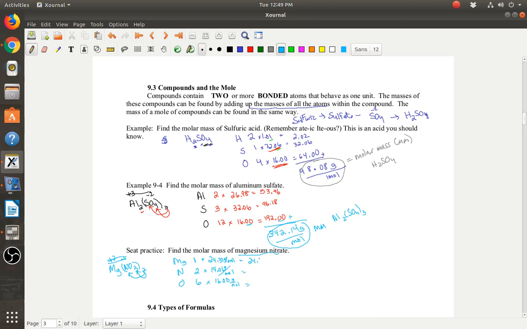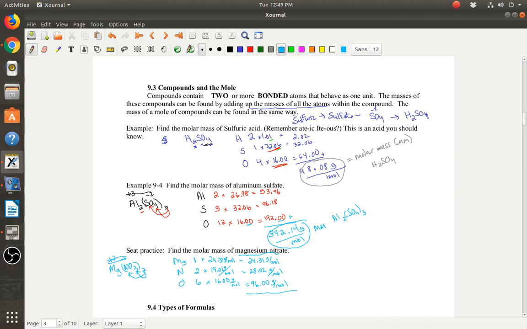So this is still 24.31 grams per mole. This is 28.02 grams per mole. And this is 6 times 16, which is 96.00 grams per mole.